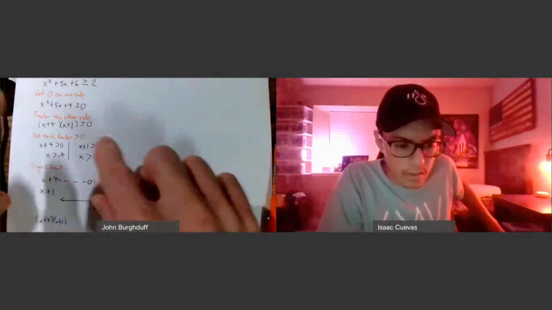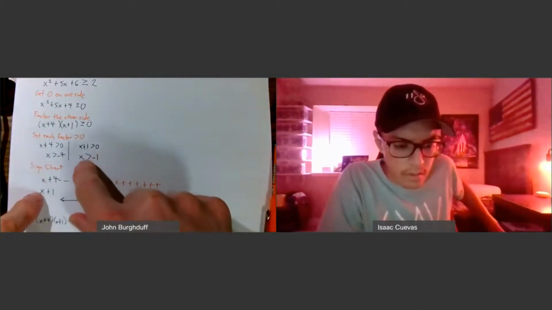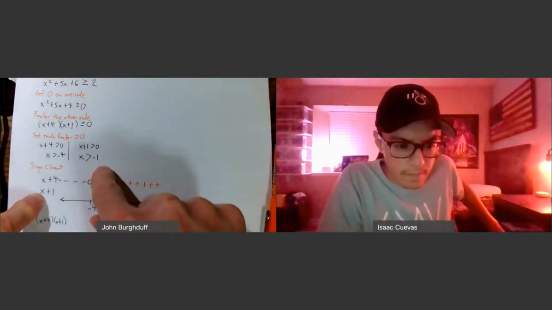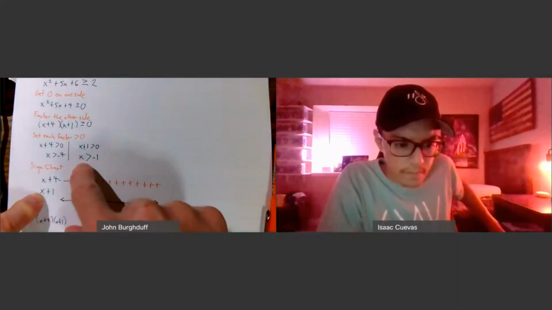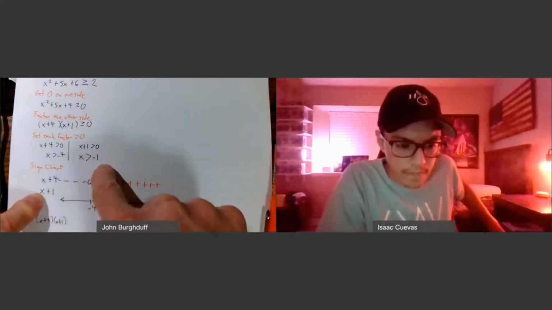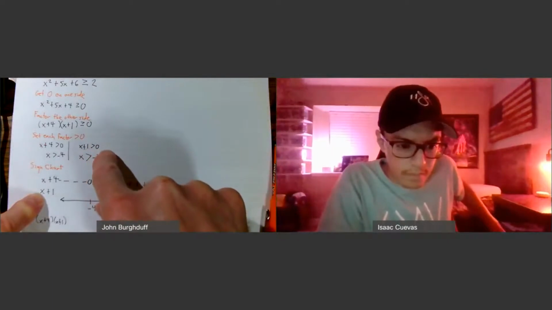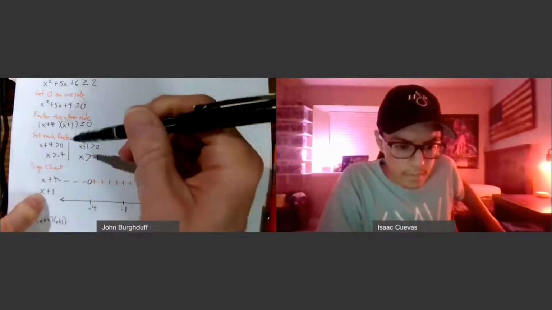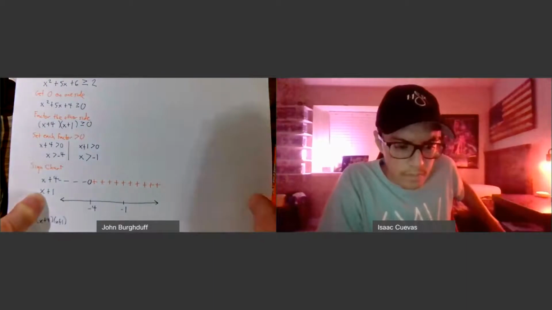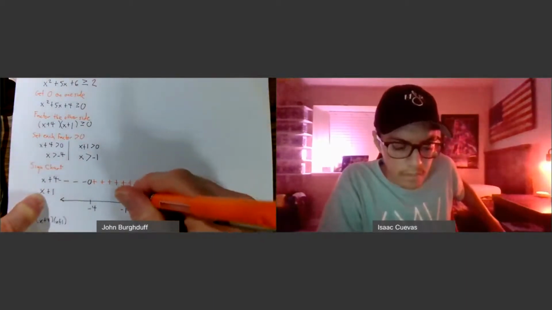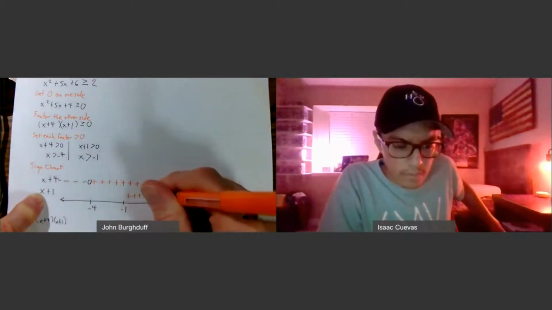Okay. So let me see if that makes sense for the next one. So in this one, I'm looking at x plus 1, and it's saying that for all the values of x greater than negative 1, x plus 1 is positive. So the solution of x plus 1 greater than 0 is all over here to the right of negative 1.